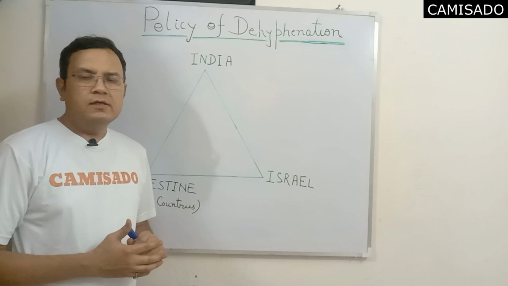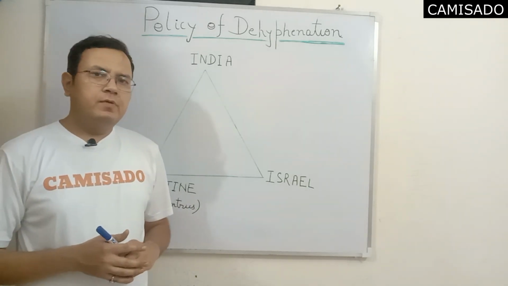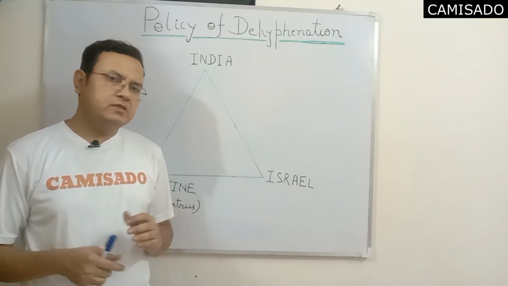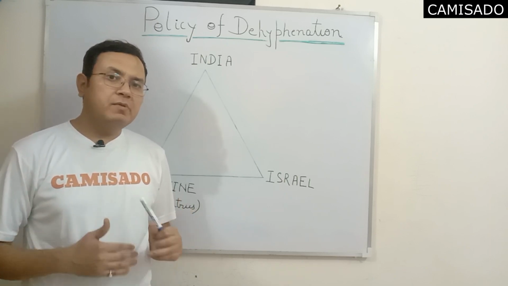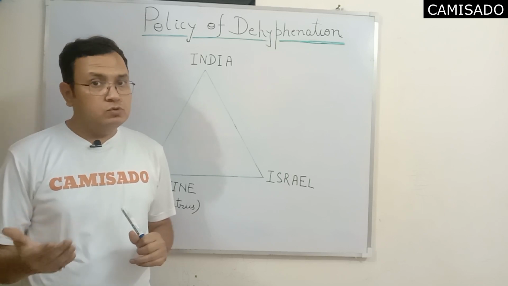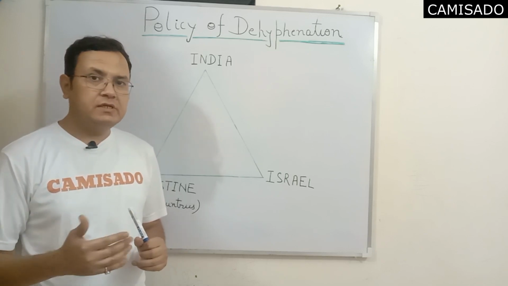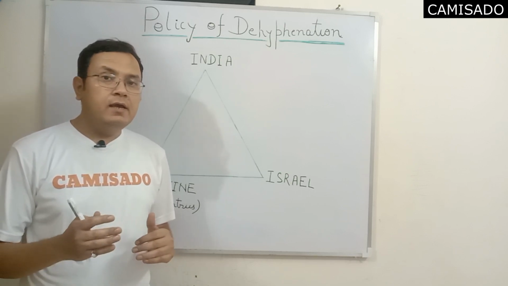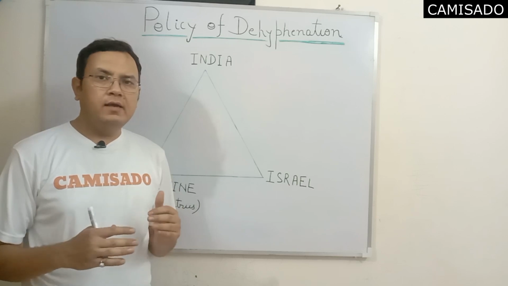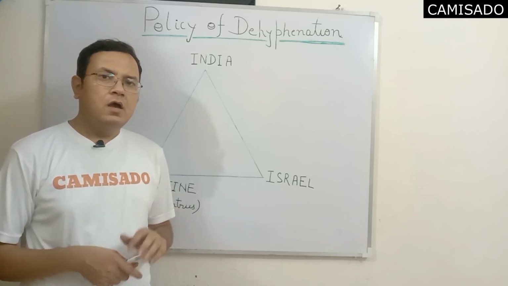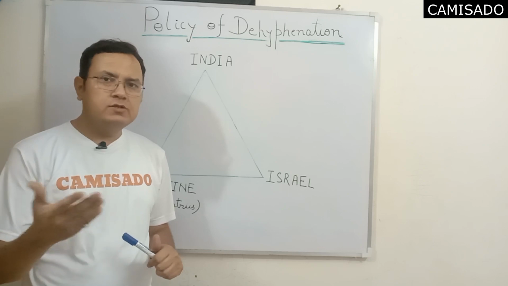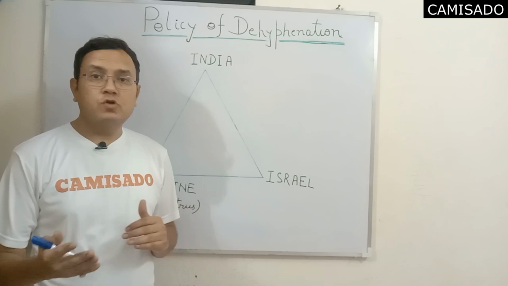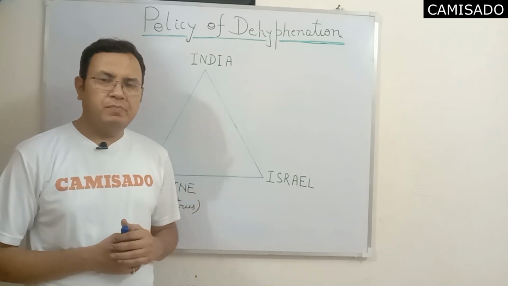See, though India supports the just Palestinian cause at the level of the United Nations, and India gives its commitment to the two-state solution between Palestine and Israel, at the same time India also opposes any violence unleashed or any action of Hamas against Israeli authorities or Israeli cities, and therefore proposes resumption of talks between Israel and Palestine.